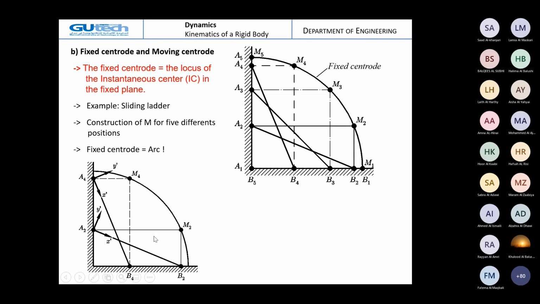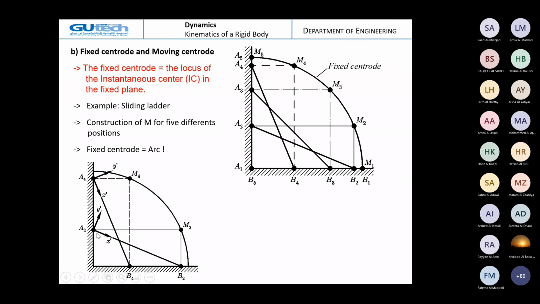As you see here, we have the fixed coordinate system, which doesn't move, the absolute coordinate system, and we have what we call the relative coordinate system. The relative coordinate system x prime, y prime is changing, as you see here. It will rotate relative to this point here.